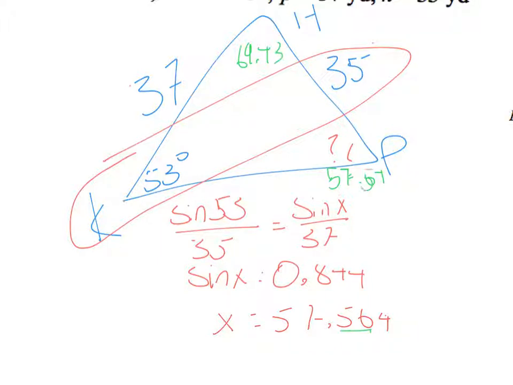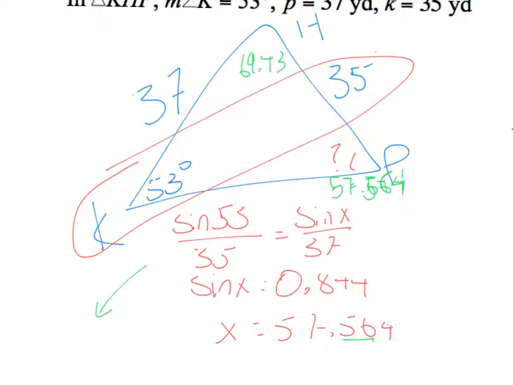This should have been 564 instead of 67 or whatever that was. Okay, so now we have something here. I can use this to figure out the third side using the same ratio. So sine of 53 divided by 35, and I get a value of 0. I'm not in the right format. There we go.